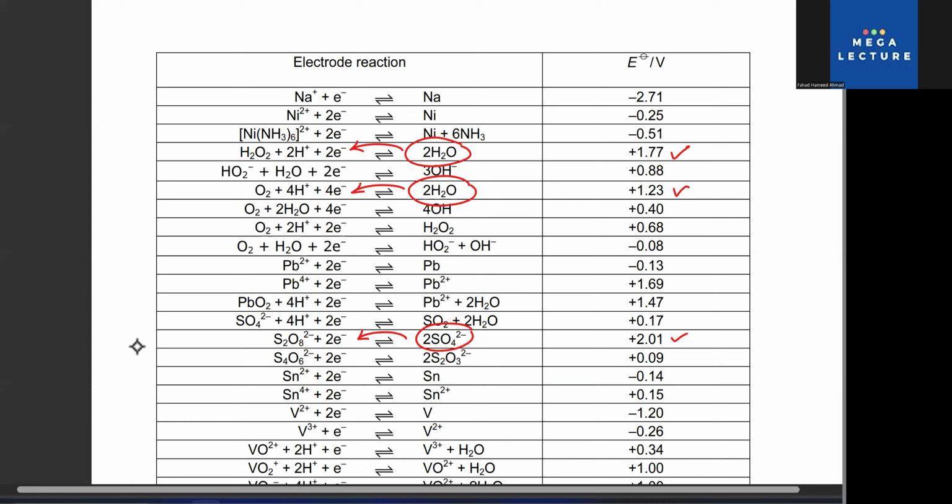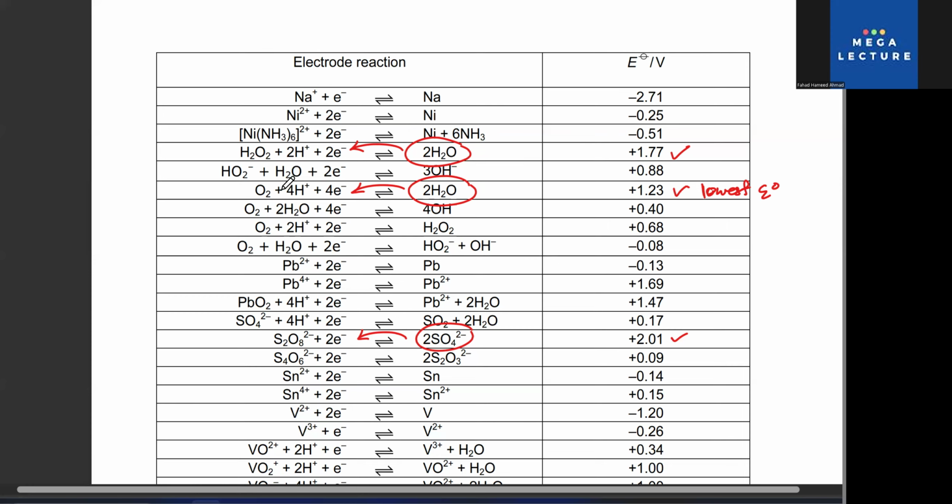So who loses electrons? The one that has the lowest E naught. That's got the greatest tendency to lose electrons. So the one that's got the lowest E naught, and that's this one. So I'm going to write this equation in the reverse direction.